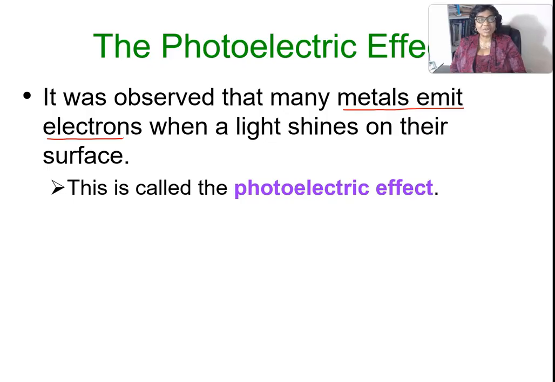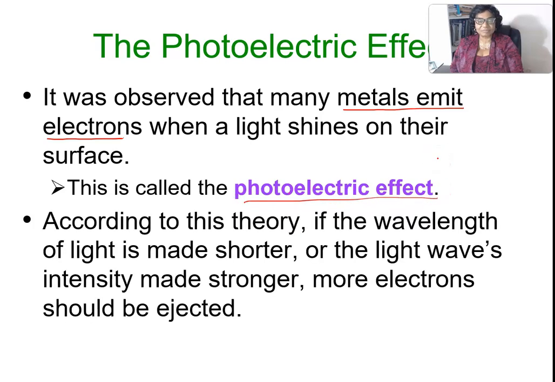It means there was some interaction between the electrons and the light. And we call this the photoelectric effect. So according to this theory, if the wavelength of light is made shorter or the light wave's intensity made stronger, more electrons should be ejected.